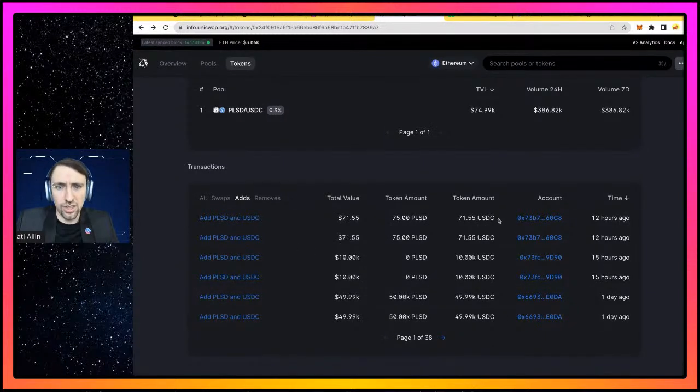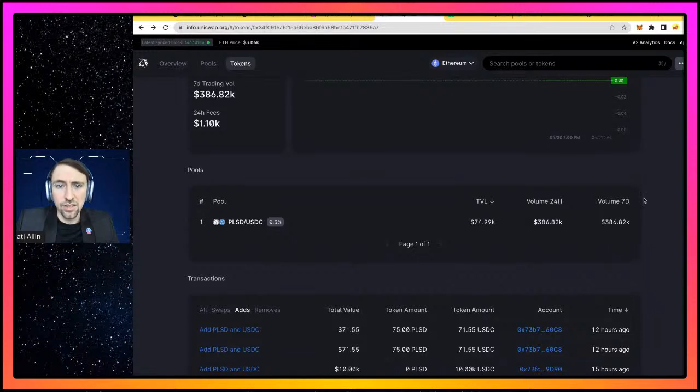Somebody added $71,000 worth of liquidity, whereas the original contract that starts in 0x6693 had added $50,000 worth of liquidity on each side with the PLSD USDC pair, and then $10,000 about 12 hours later. And then about 12 hours ago, which was 3 hours after that, somebody added about $72,000 worth of liquidity on either side. So be that as it may, that's something to keep in mind when you're deciding.